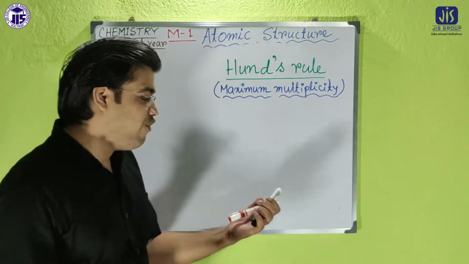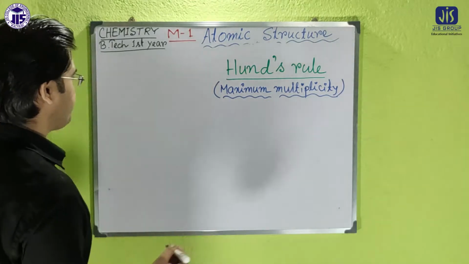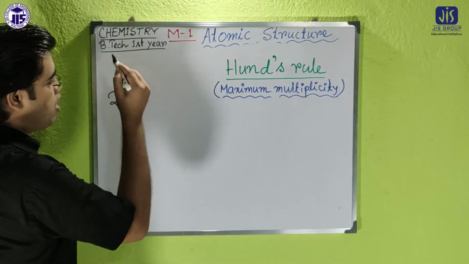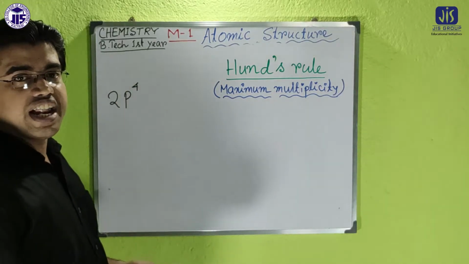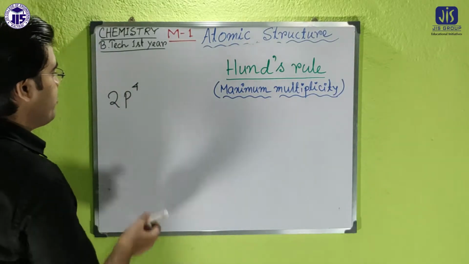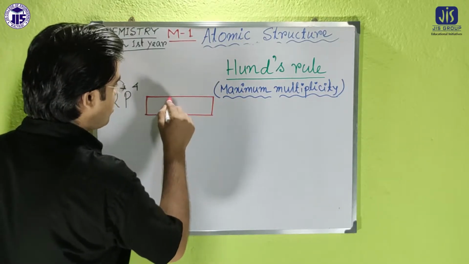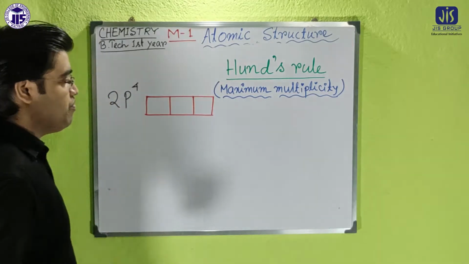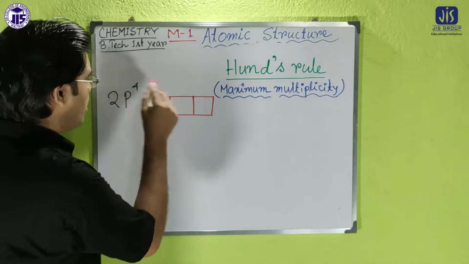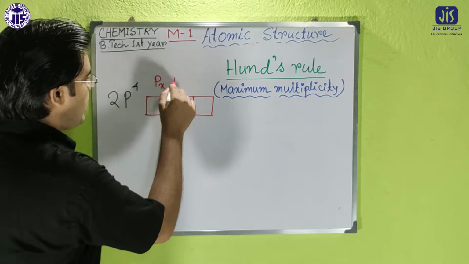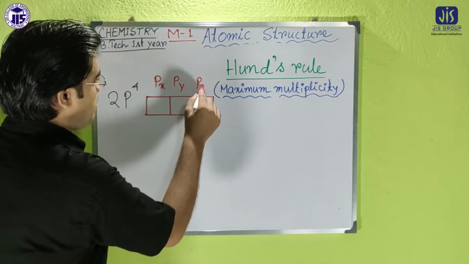That means if we consider the electronic configuration 2p4, we can put the electrons according to Hund's rule. 2p is the subshell, and there are 3 orbitals, px, py and pz.